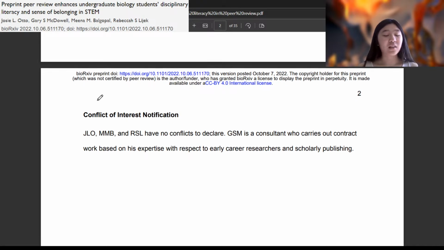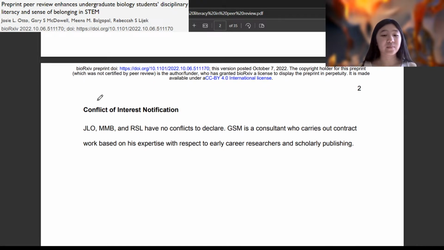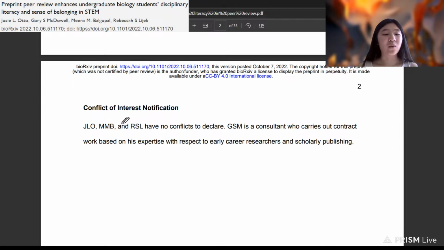Okay, conflict of interest notification. So conflict of interest in research is when 2 researchers may be doing research on 2 different topics, and those topics happen to conflict with each other. Perhaps they're looking for opposite results, or they both have different theories that don't agree with each other.